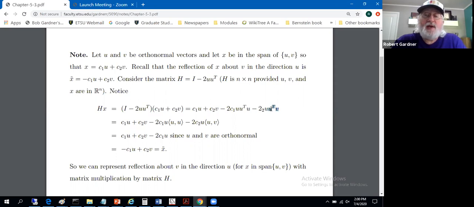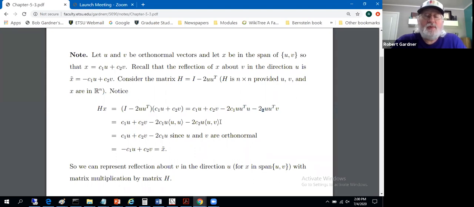Now, when I see a transpose of a vector followed by a vector, that's an inner product. So we can rewrite this as the linear combination minus 2 c1 u times the inner product of u with u, minus 2 c2 u times the inner product of u with v.